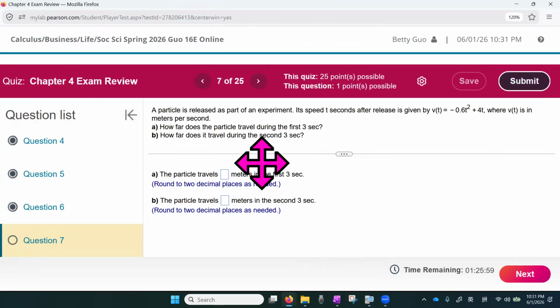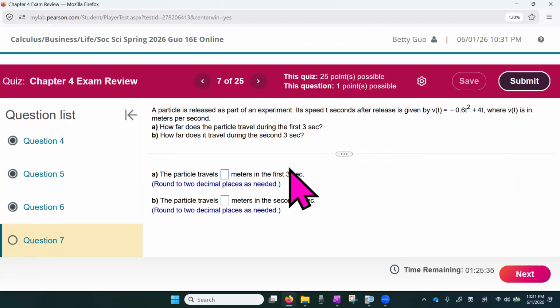A particle is released as part of an experiment. Its speed t seconds after release is given by, so we have the velocity function, in meters per second. Part A, how far does the particle travel during the first 3 seconds?